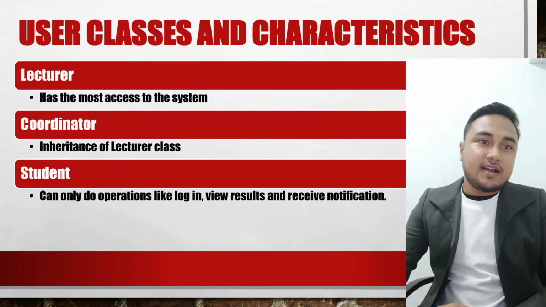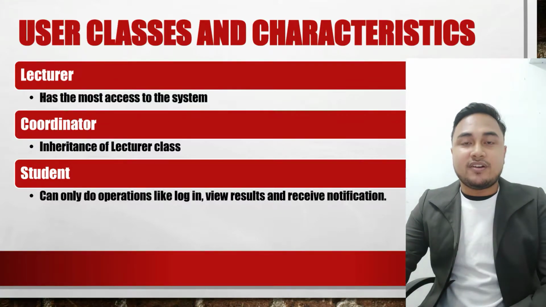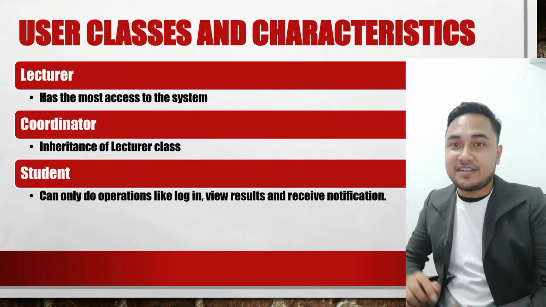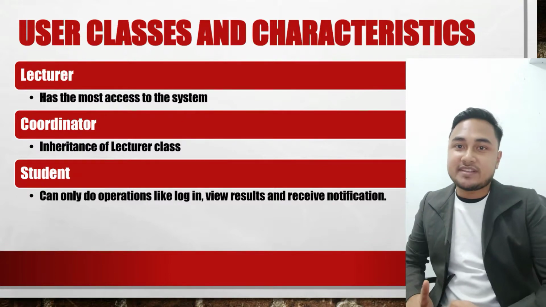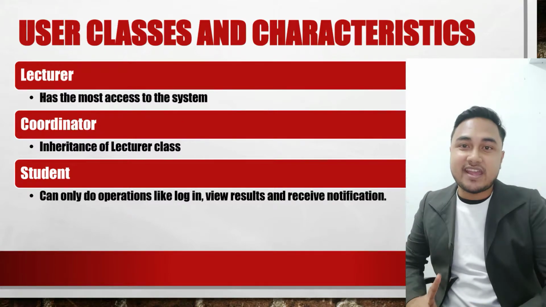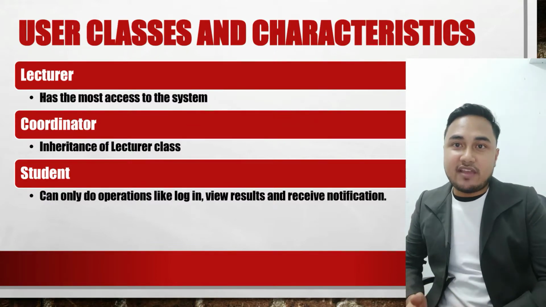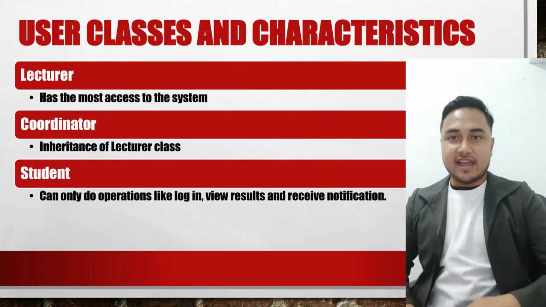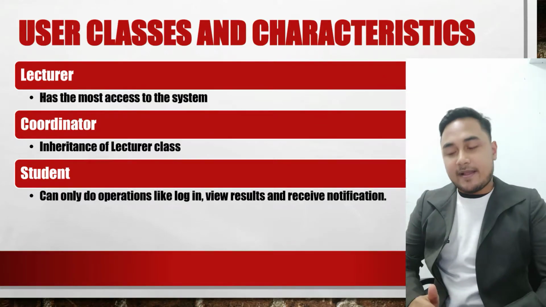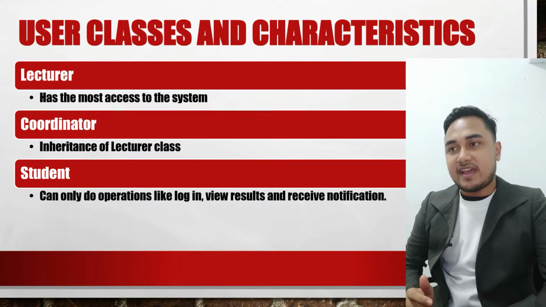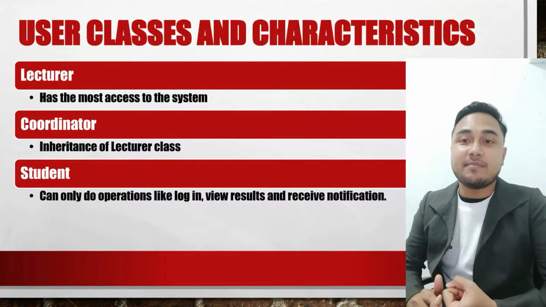So, for the overall description, for the user classes and characteristics, we have 3 classes, which are lecturer, coordinator and student. The lecturer is the teacher itself. The characteristic of this class is that it has the most access to the system because the lecturer will be giving the project and the assignment.